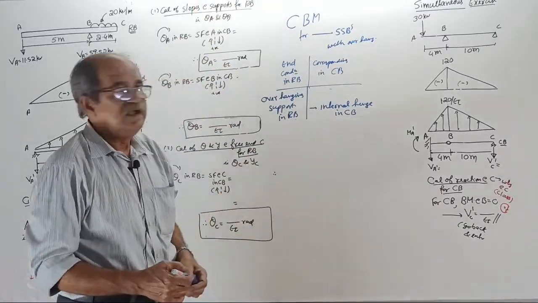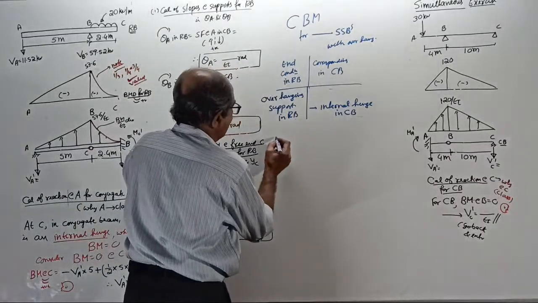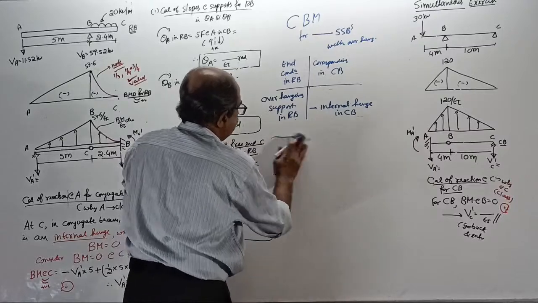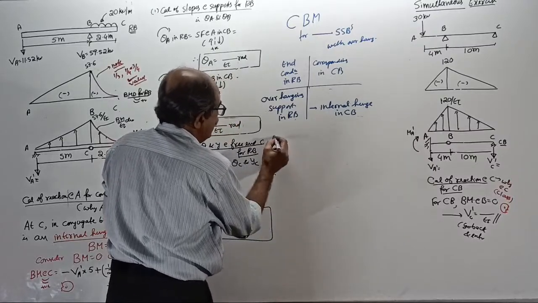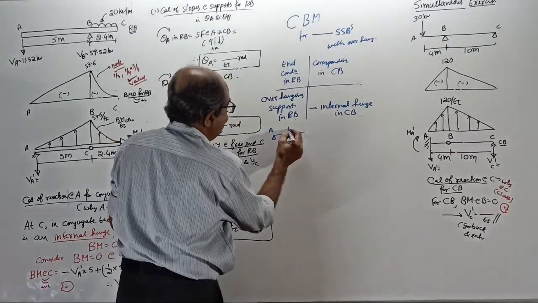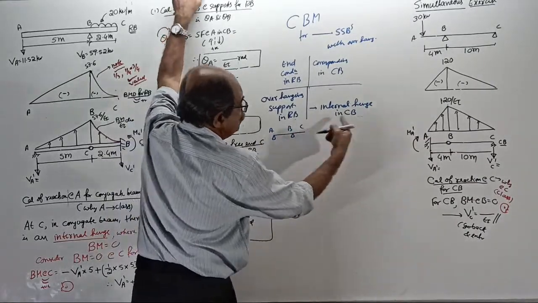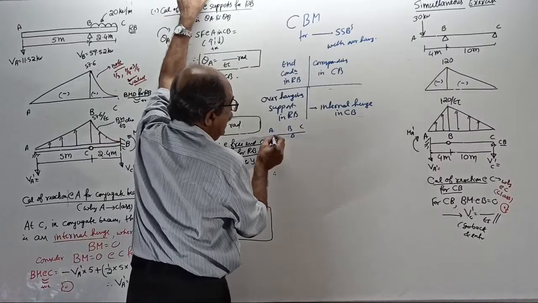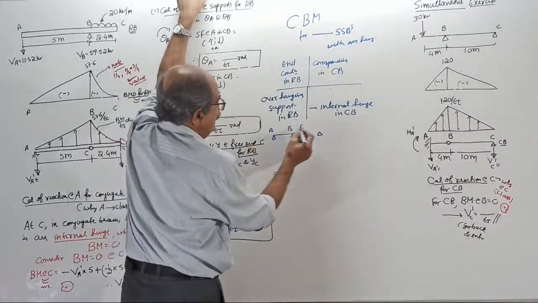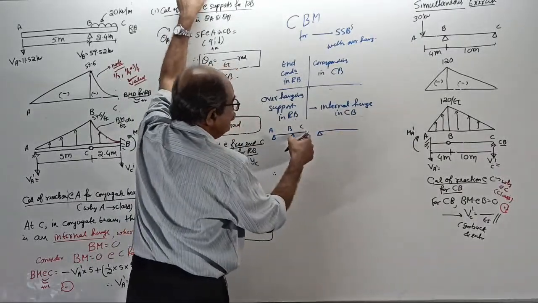This clear? Internal hinge means, see, I will put here. Suppose you take a simple support here and an overhang here. I will call them A, B, C. Conjugate beam, what will happen? A is the end simple support. It will remain simple support only. Then, C is free end.